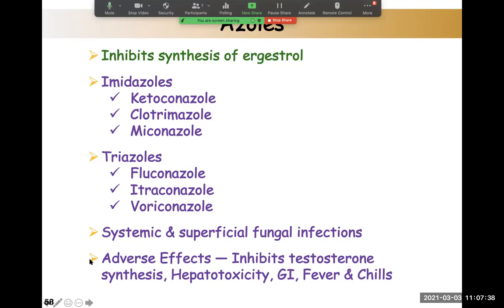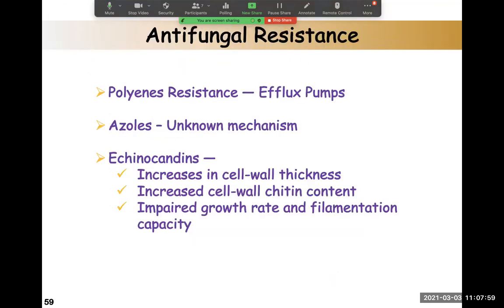These have severe side effects, so you don't often prescribe them. They can inhibit testosterone synthesis. They can give liver toxicity, that is hepatotoxicity, GI problems, stomach issues, fever, and chills. So if we thought antivirals have high toxicity, antifungals have even worse toxicities. How about the resistance?